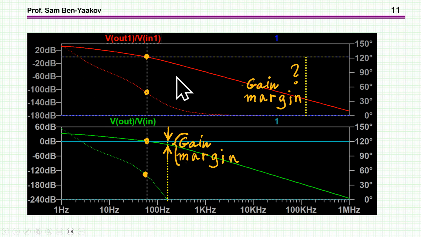Now, as far as this system goes, you can't talk about the gain margin because the phase does not go beyond 180 degrees. So the phase margin is really very large. You might say it's infinity.